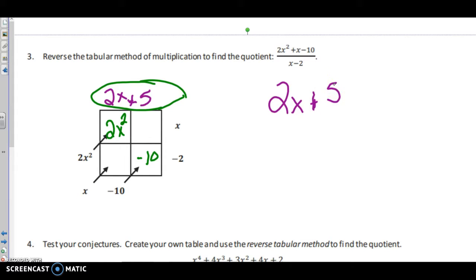So let's just double check these blank spaces and make sure they add up to positive x. 5 times x is 5x. 2x times negative 2 is negative 4x. 5 minus 4 is in fact 1x, so that checks out.